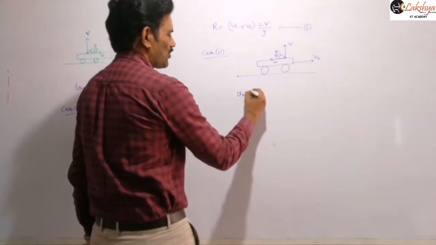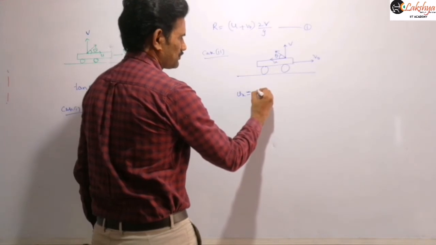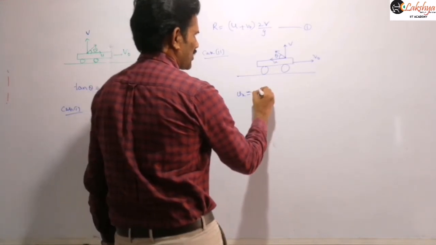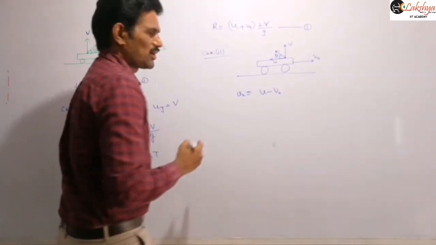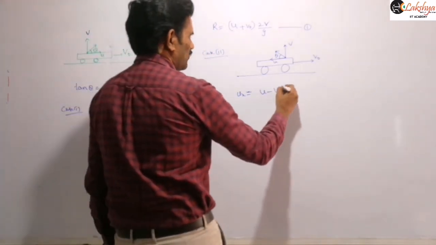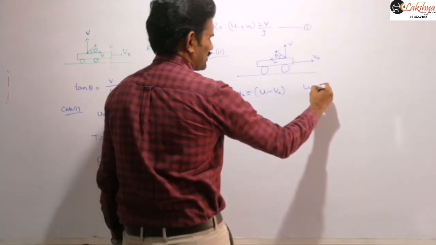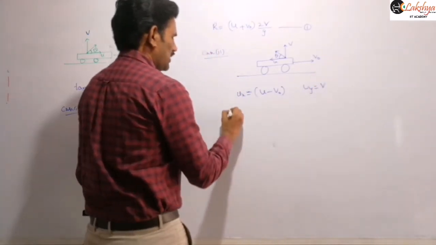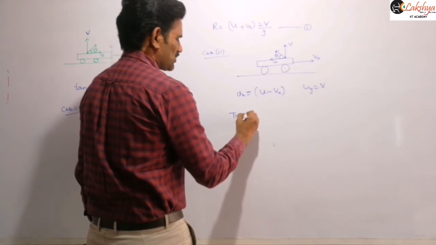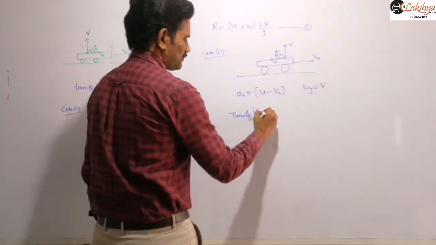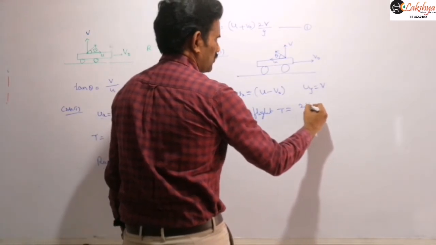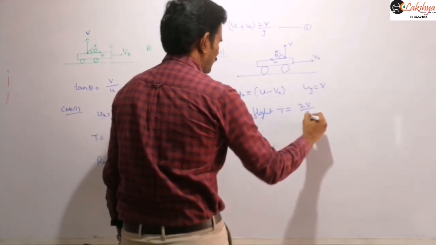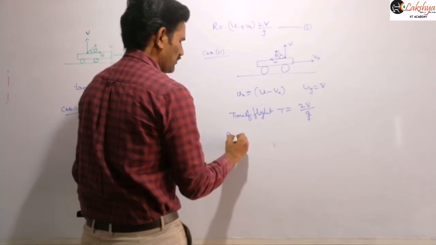So the horizontal component is equal to U minus V naught, right? And the vertical component you can write as V. And here also I am taking the time of flight T equal to 2V by g, and the range.